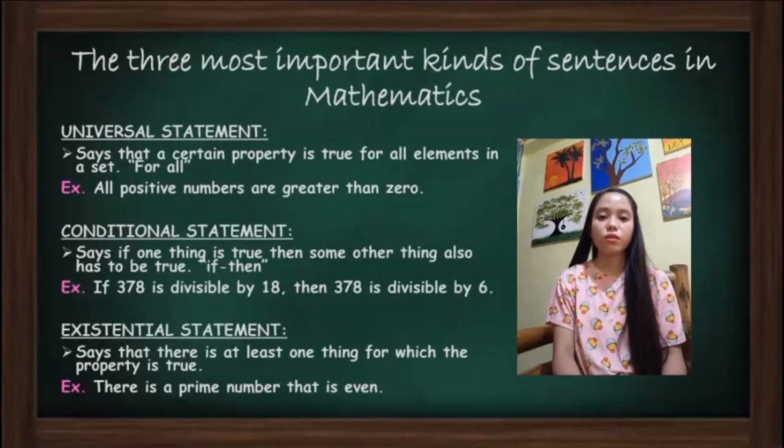Those are prime numbers. It can only be divided by 1 and itself. So the only even prime number is 2. So the property of being even is only true for the number 2, so that is an example of an existential statement.